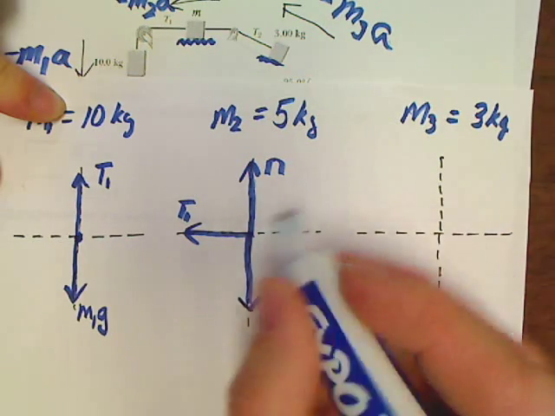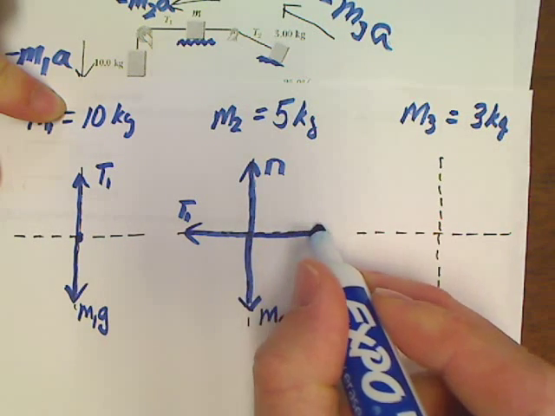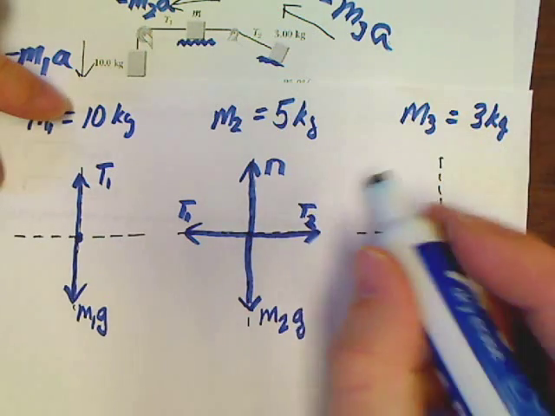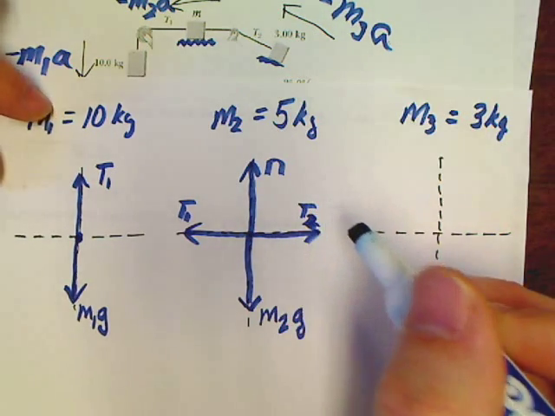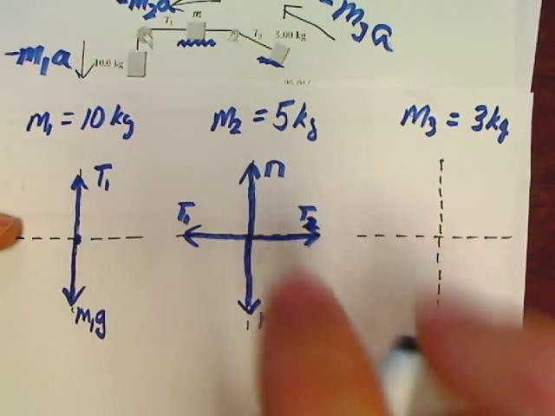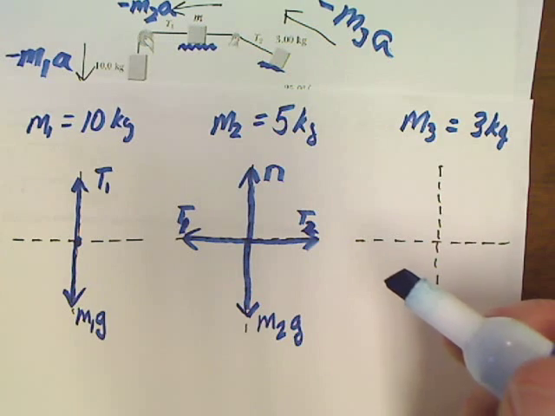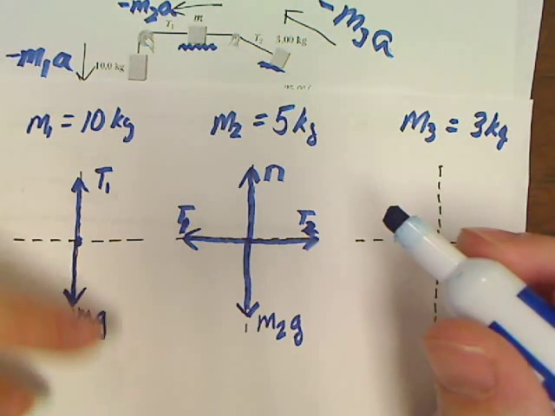Now, there's a rope attached to the right, which I will call T2. Sorry, not the best looking T2 in the world. But anyway, so I've got T1 here and a T2.